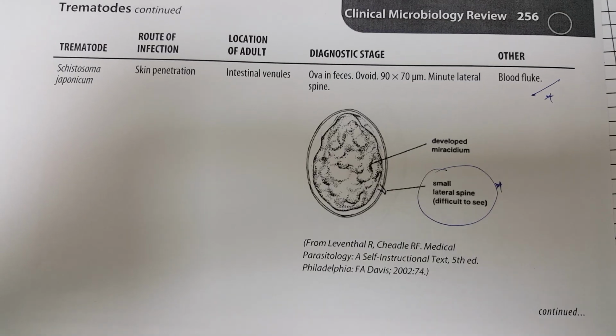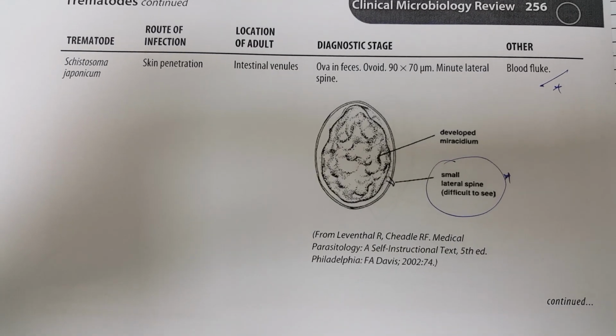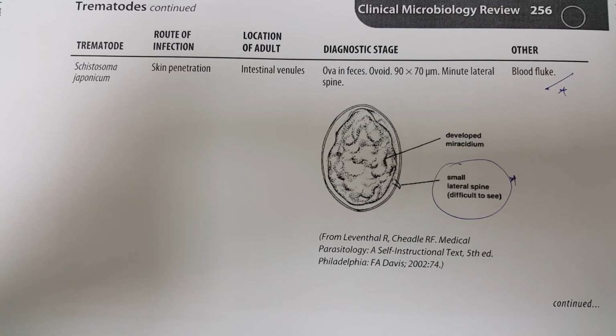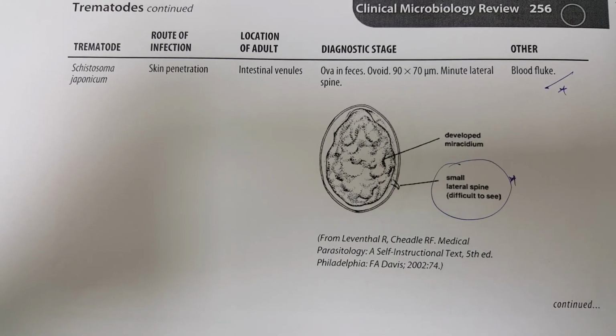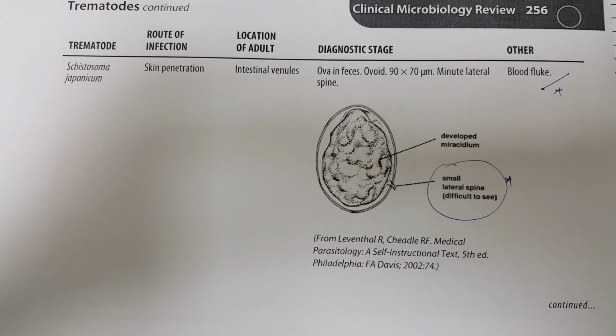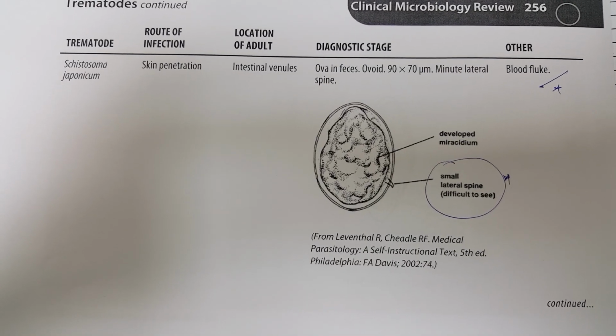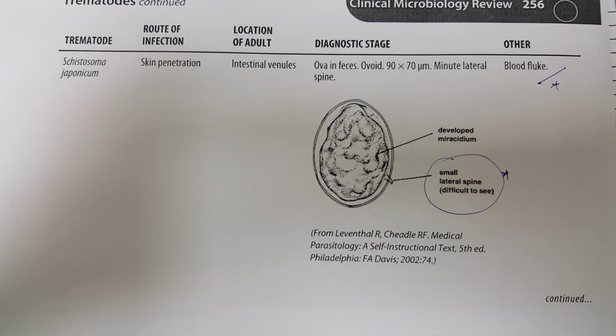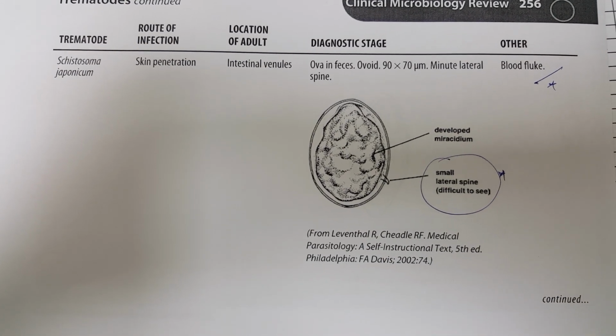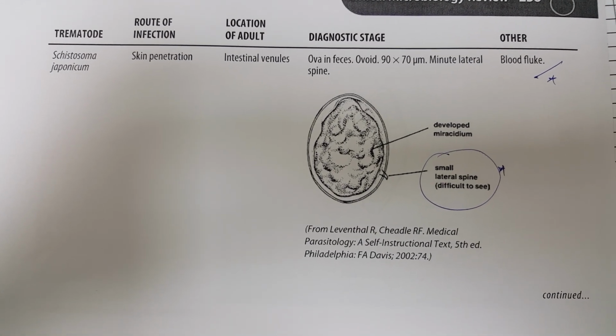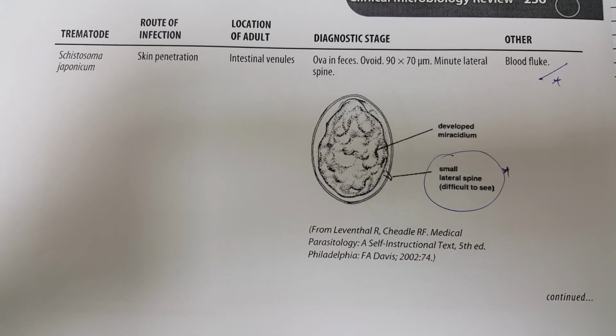It is also a blood fluke, and the only difference between mansoni and japonicum is the large and small lateral spine. The japonicum has a small lateral spine, as you see, and mansoni has a large lateral spine.